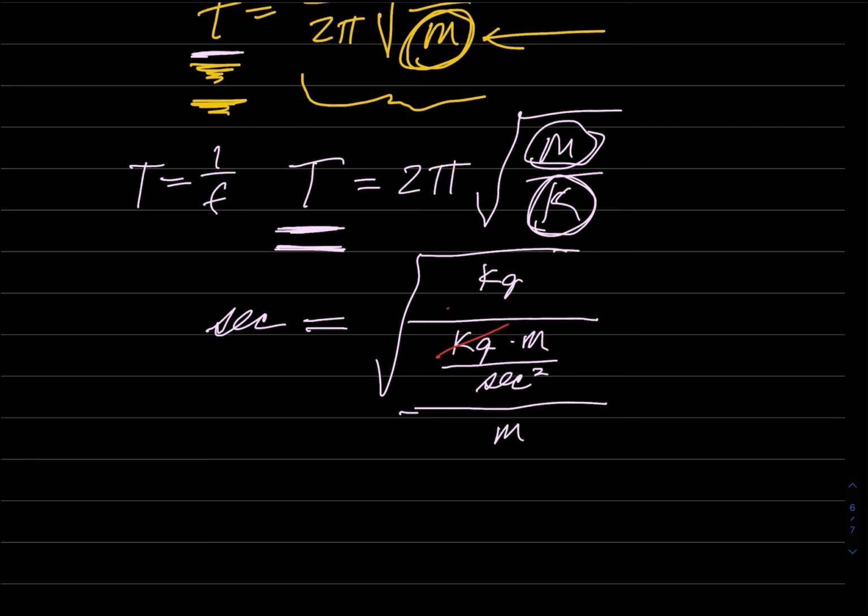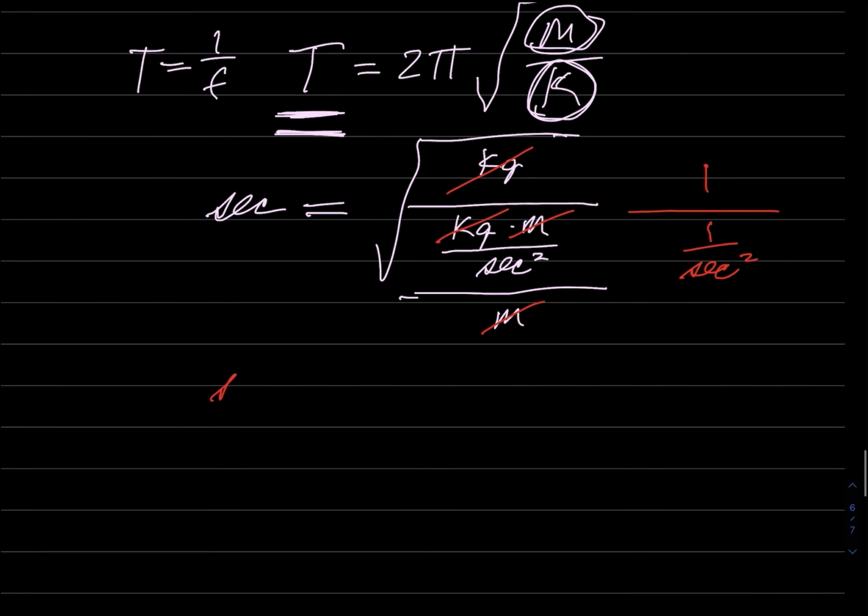So these will cancel out. In the denominator, this cancels out with this. And so now we're left with 1 in the numerator and 1 over seconds squared in the denominator, which equals seconds squared. So we have seconds equals the square root of seconds squared, and the units work out.